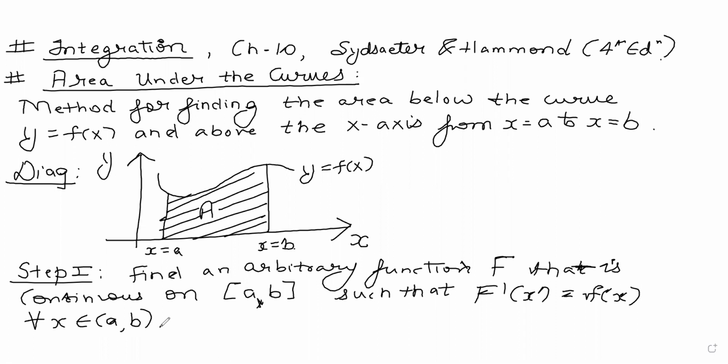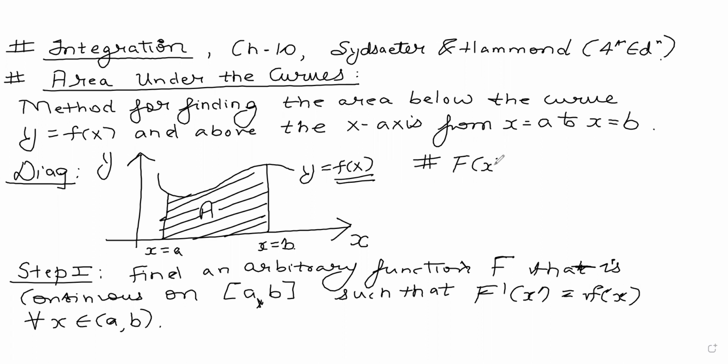So what is step one telling us? Step one is telling us that for the function small f of x, we have to find the antiderivative capital F of x. Capital F of x is called the antiderivative of small f of x. So all students can write it here.